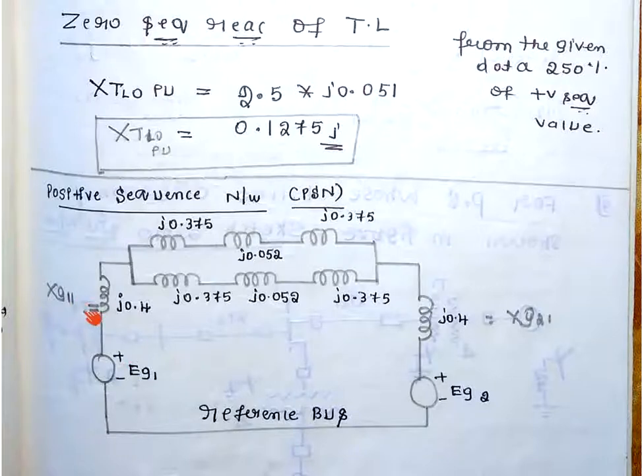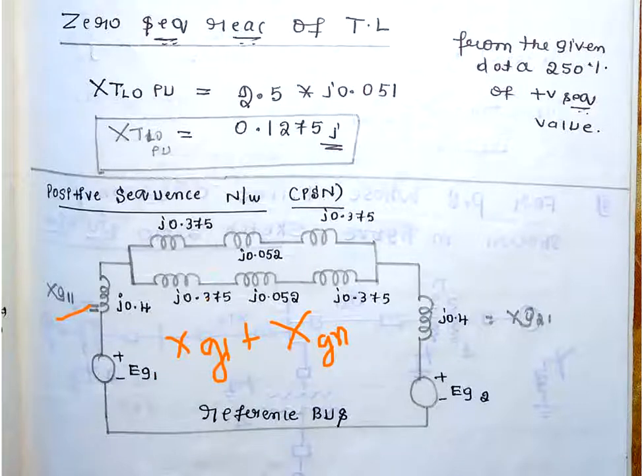Now xg11 equals xg1 plus xgn. So you will get this.